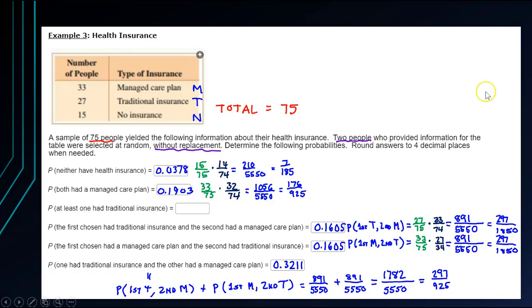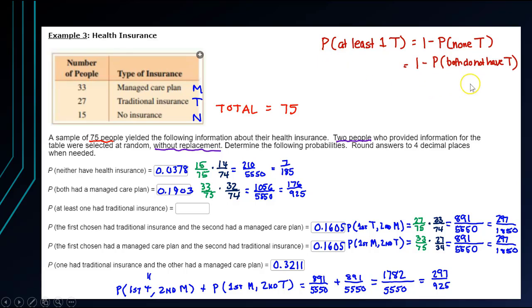But one of the easiest ways to handle probability of at least one is realize it's the exact opposite of none. So the probability of at least one traditional, or 1T, is equal to 1 minus the probability that none are from group T, or both do not have it. So there's 48 who do not have traditional insurance, so 33 and 15.